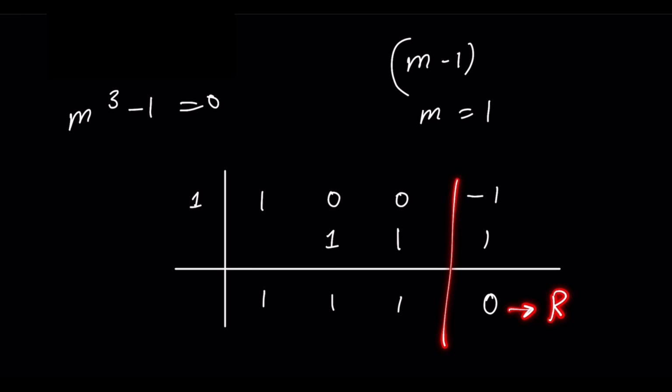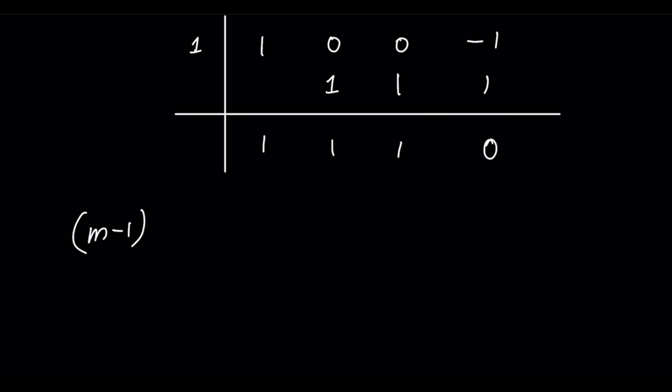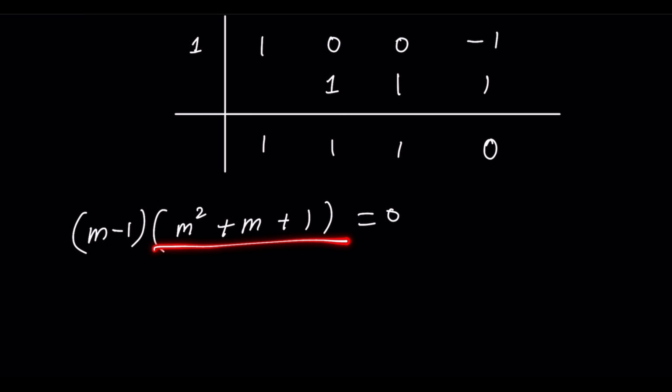This is going to be the remainder, and the rest of these are going to be the coefficients of the quadratic equation we'll be left with. Now, we cannot factorize this quadratic equation, so we'll be using the quadratic formula to solve this and find the roots of m.